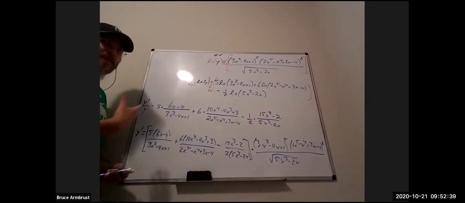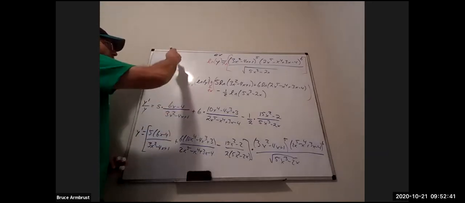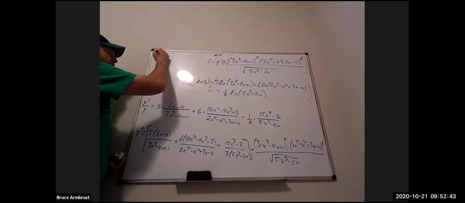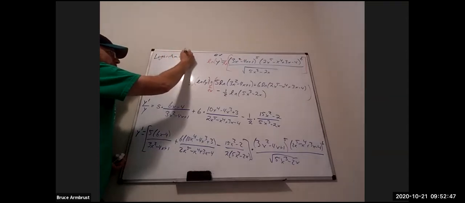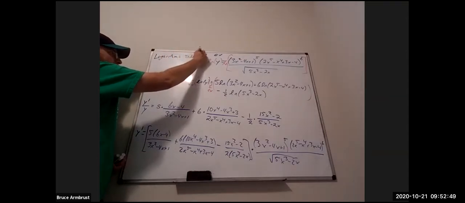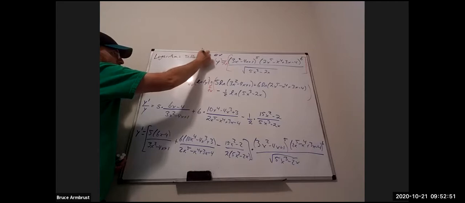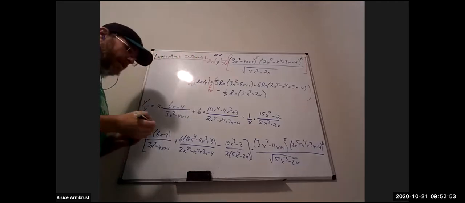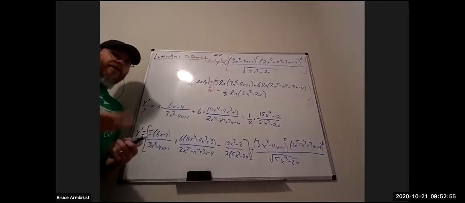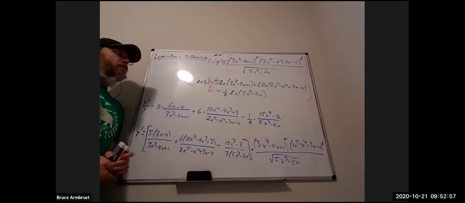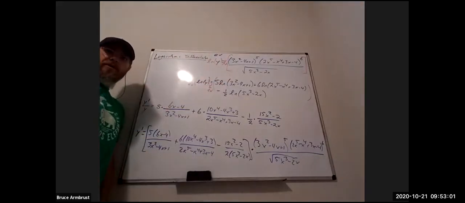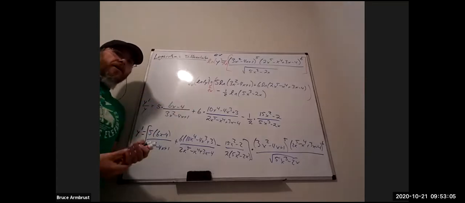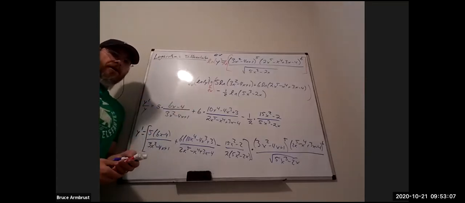This process of taking a log of both sides and then differentiating. And it can be really useful when you have a bunch of multiplication and division and powers, because the rules of logs let you split those things apart and do this much quicker.